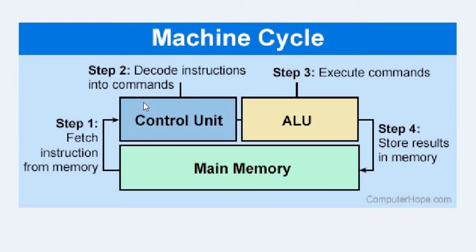The ALU will check and see that this route will take a shorter time, this route will consume less power, this route will consume fewer resources. Then they together will push the result to the main memory, the control unit and the ALU will combine and say, okay, take this route. That is how they work.